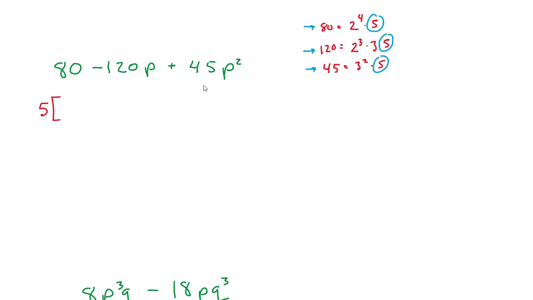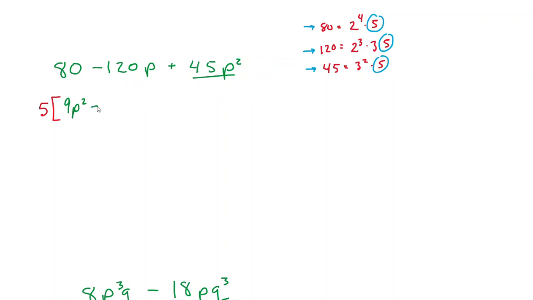Now, if I'm more comfortable with this, I can change the order. Notice that the p squared term is positive, so there's no problem putting it in the front. If I take out the 5, I'm left with 3 squared, which is 9, 9p squared. Then the middle term would be the negative 120p with the 5 factored out, which is, let's see, 3 times 2 is 6, then 12, then 24.